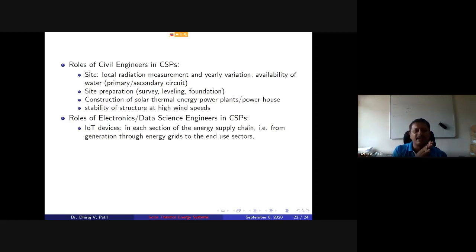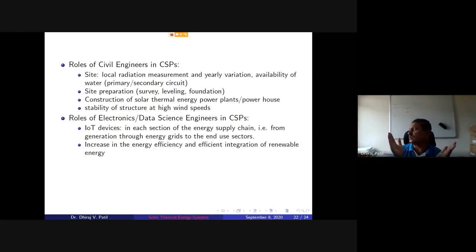So that's how we can find out from the data, and that collection of data requires a lot of IoT devices to be installed, and a data acquisition system. That's why data science engineers are also nowadays required, so that they can create these dashboards, for example.